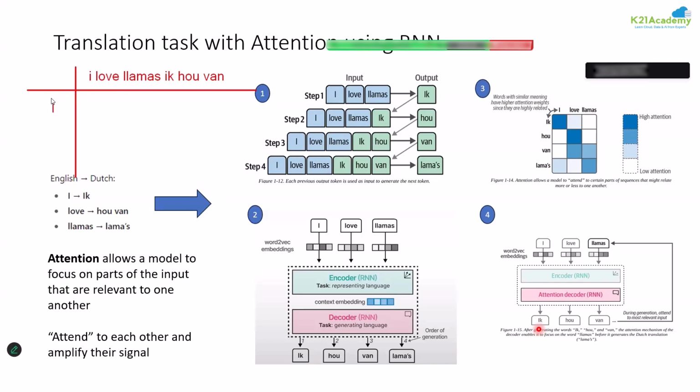Now tell me, if I want to predict the next word, let me say after ik, which word will it pay more attention to get the things for the next? Out of all these words in the sentence, try to understand what I'm saying.